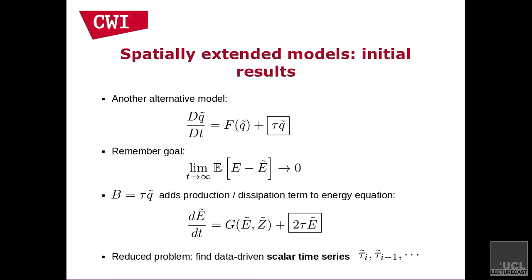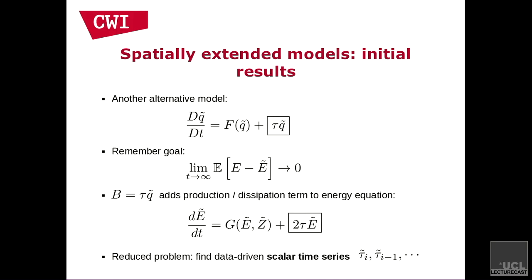With a physics-informed approach, given Q and given the stream function, I can derive an energy equation. I can do this for tau equals 0, I could also do this for this equation. And then I find that there's an additional source term in the energy equation, just 2 times tau times the energy that I have access to.